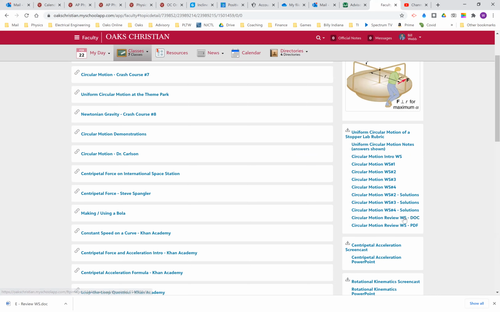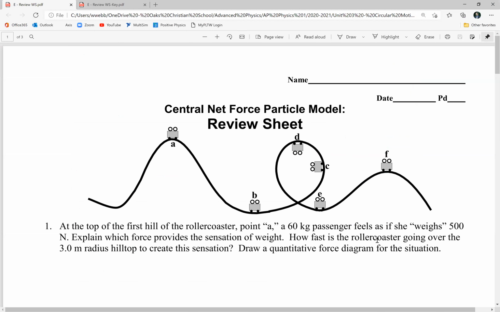This motion review worksheet. Once you have it open, this is what it looks like. So just to make sure we're all in the same spot.